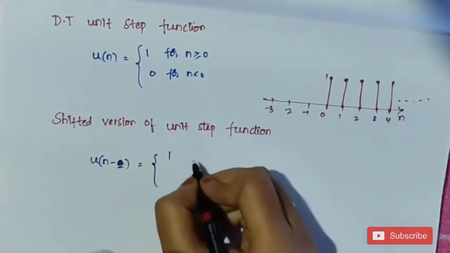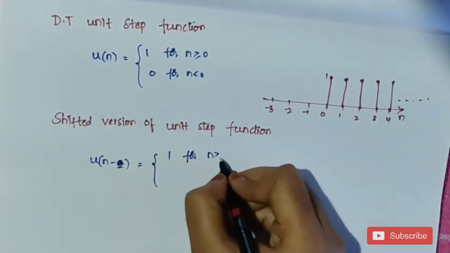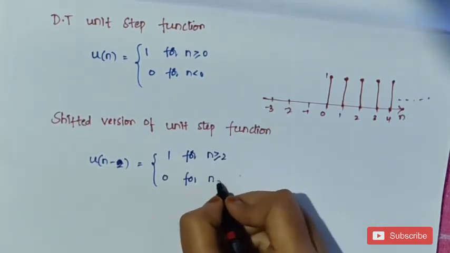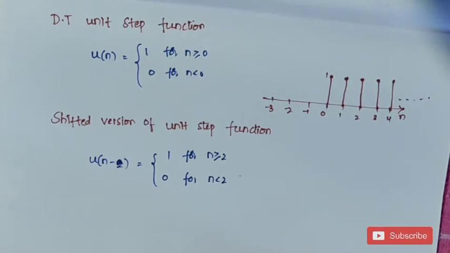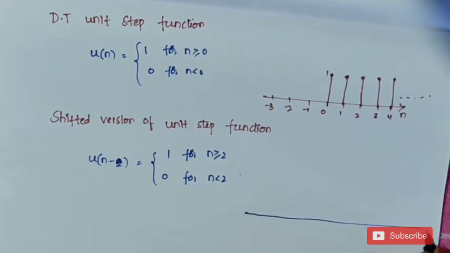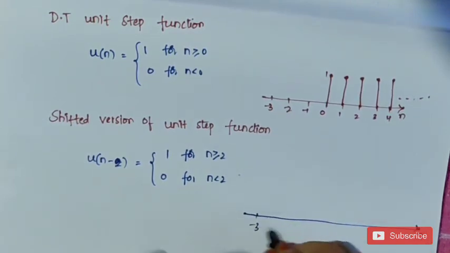The value of it is 1 for n greater than or equal to 2, and 0 for n less than 2. If we draw the signal for this, the signal starts at 2.